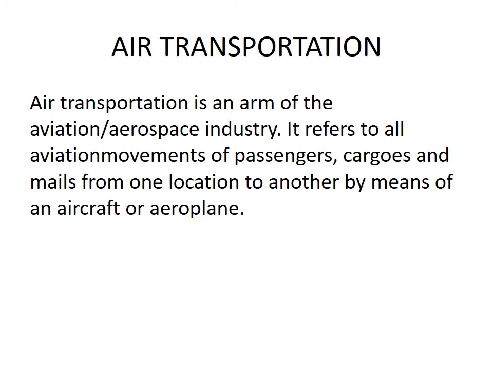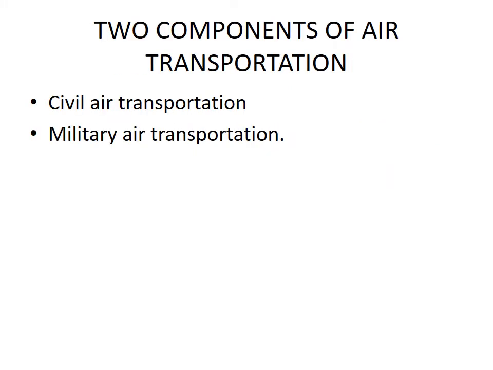Air transportation is an arm of the aviation and aerospace industry. It refers to all aviation movement of passengers, cargoes, and mails from one location to another by means of aircraft or aeroplane. We have two components of air transportation: civil air transportation and military air transportation.